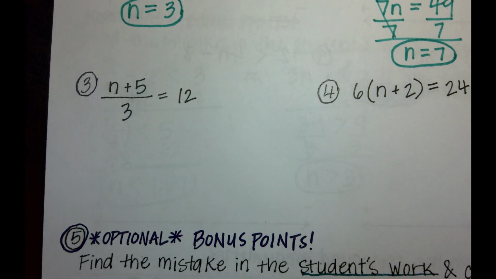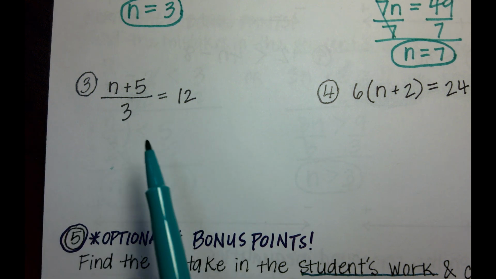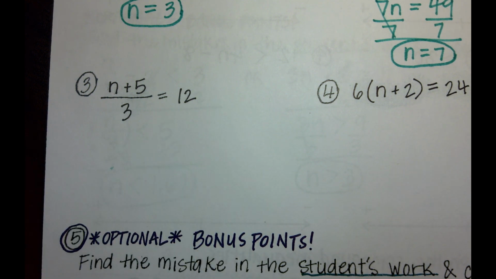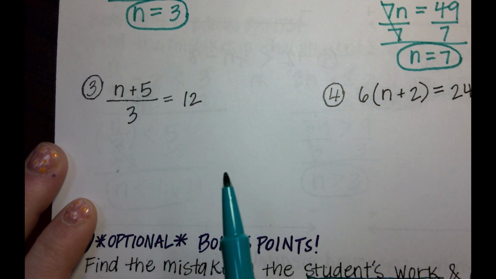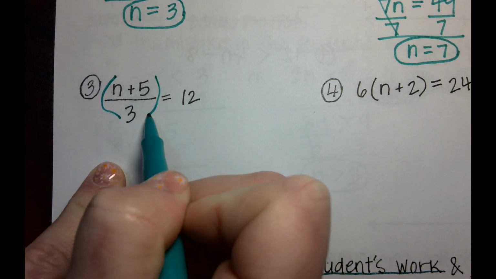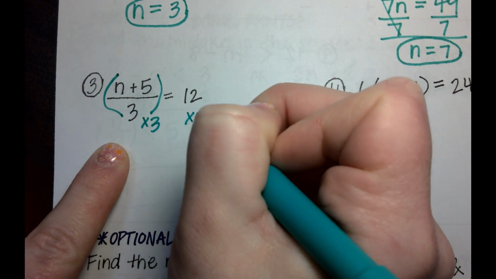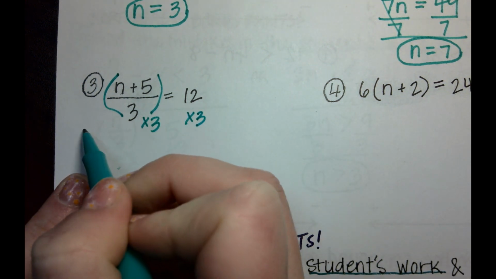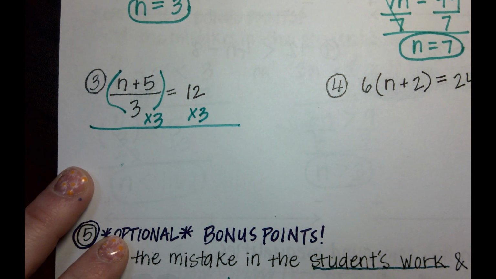Okay, number 3 is a little tricky. I have n plus 5, and all of that is divided by 3, is equal to 12. What should I do first? Times 3. Yes, if this whole side is being divided by 3, we want to get rid of it and go ahead and times 3 on both sides. Remember, a fraction is just a fancy way of writing division.